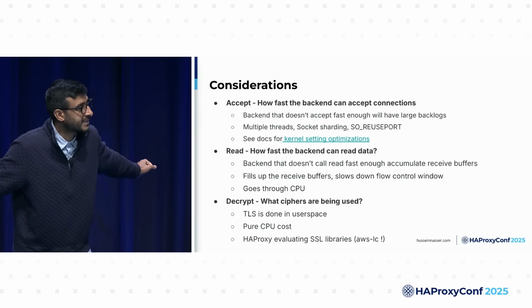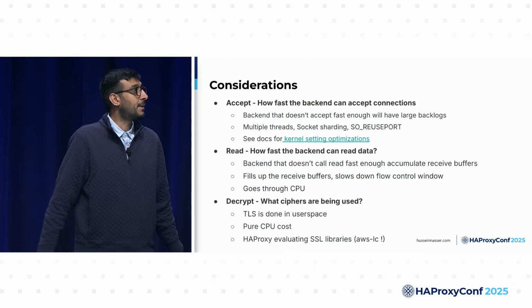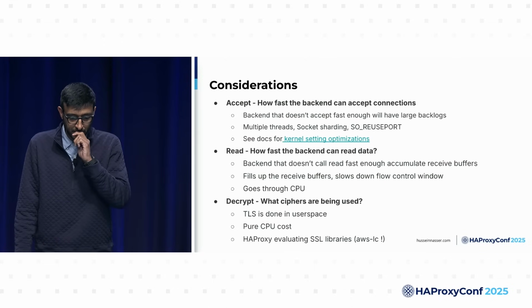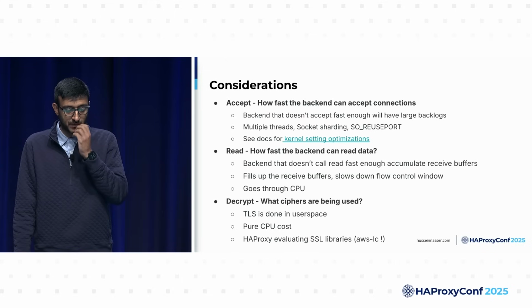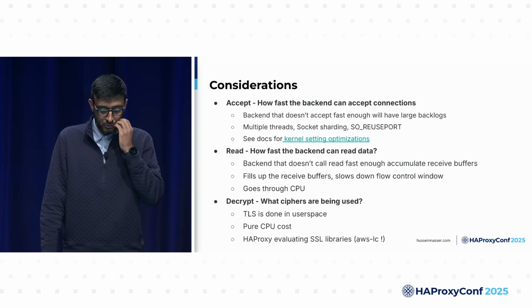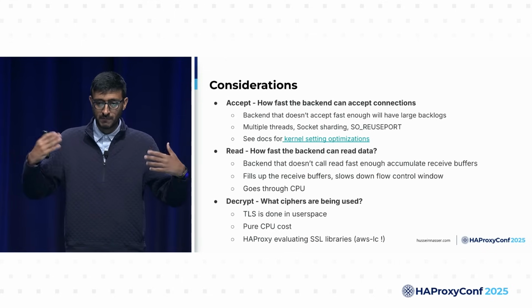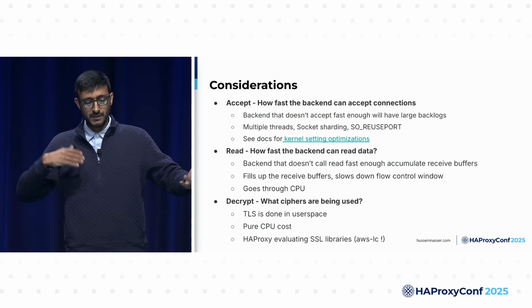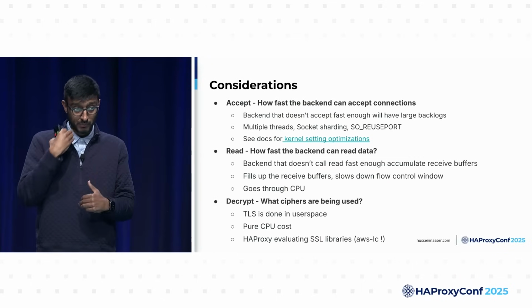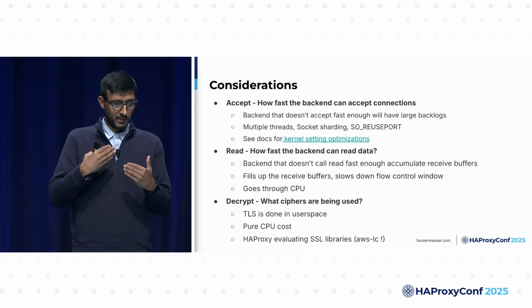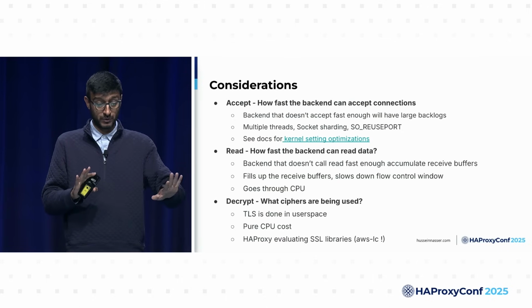So the first step, accept. How fast the backend can accept connections. Because I want you to think about that, right? As you're receiving tons of these sends and ACK, those connections will be established by the kernel. You don't have to do anything.